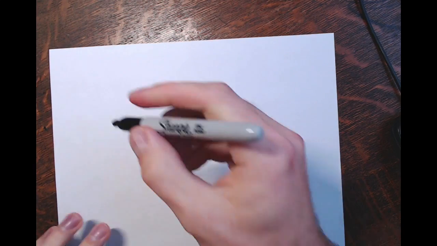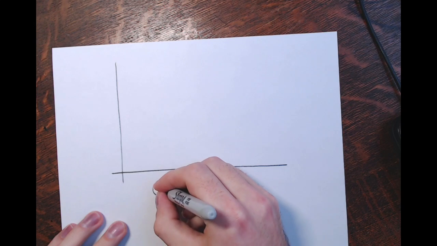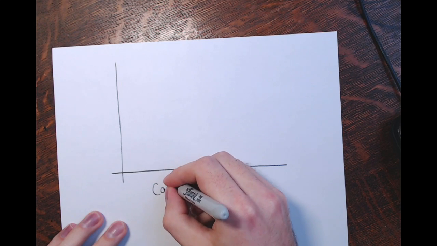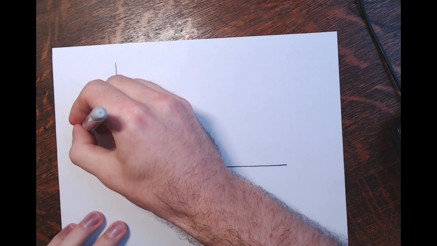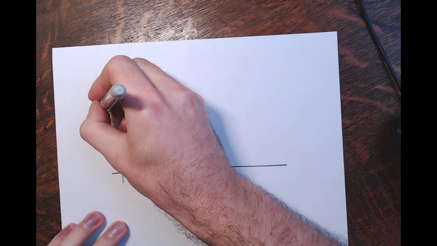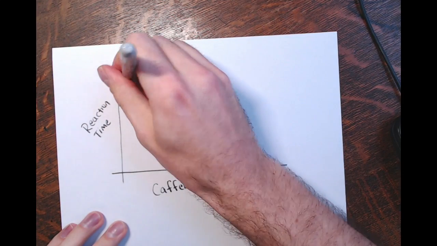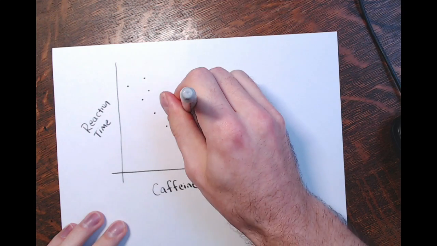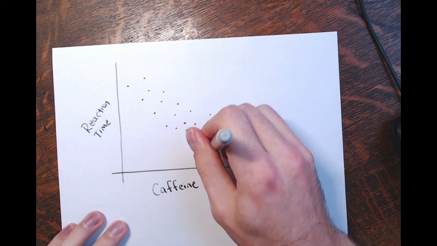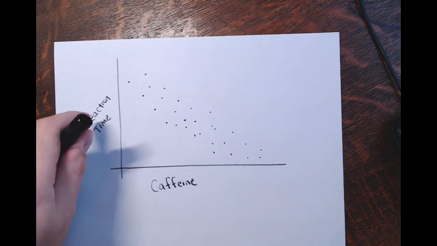Remember what that means. If I'm drawing a scatter plot where on the horizontal axis I have caffeine dose, and on the vertical axis we have reaction time. What they're saying when they say a strong negative correlation means this: if I plotted a bunch of points, maybe I took a bunch of people, these data points tend downward.